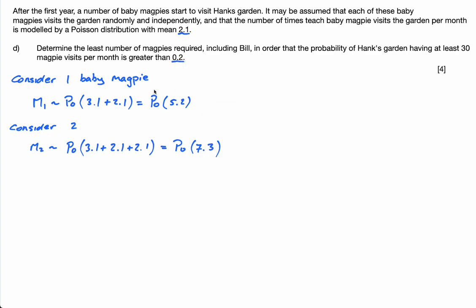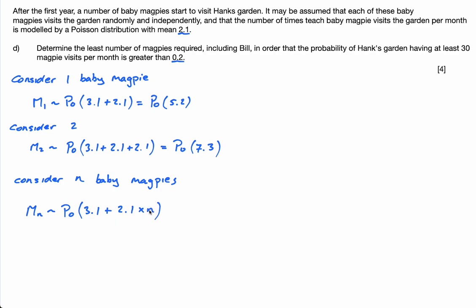More than 0.2. So now let's consider n baby magpies. So M of n is a Poisson distribution. Now it's 3.1 plus 2.1 times n.